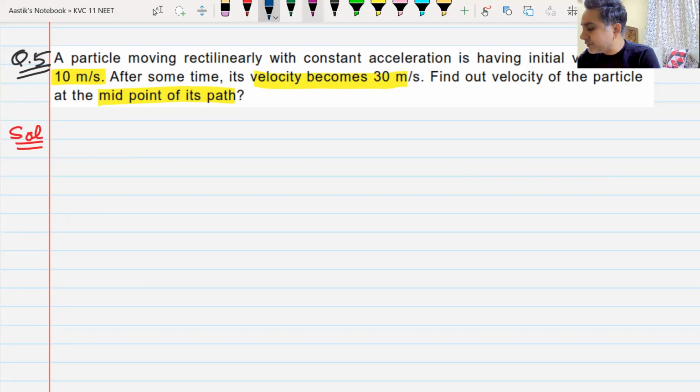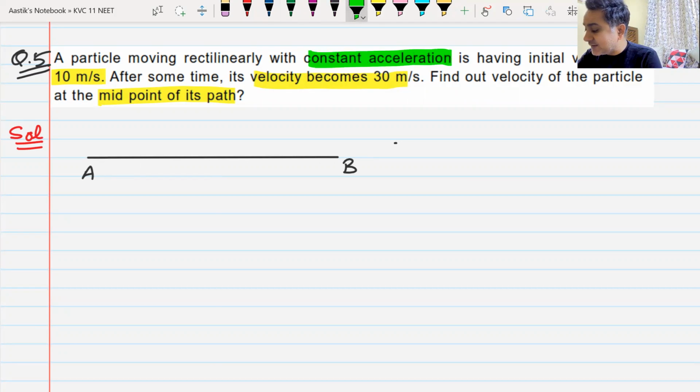Again, I draw a pretty simple diagram. And remember, I feel that this type of question can come in the examination hall. A to B, this body is moving. Remember, it is moving with constant acceleration. So, at point A, the velocity is 10 meter per second.